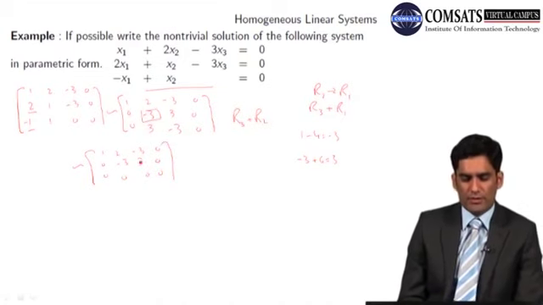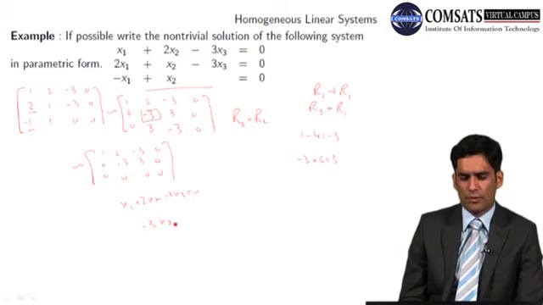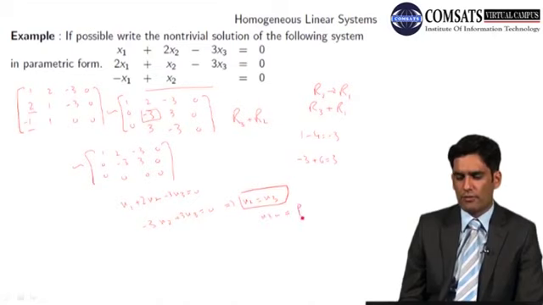When I transform this augmented matrix, which is in echelon form, into equations, I have minus x1 plus 2x2 minus 3x3 equals 0, and minus 3x2 plus 3x3 equals 0. From here I have x2 equals x3, and x3 is a free variable.